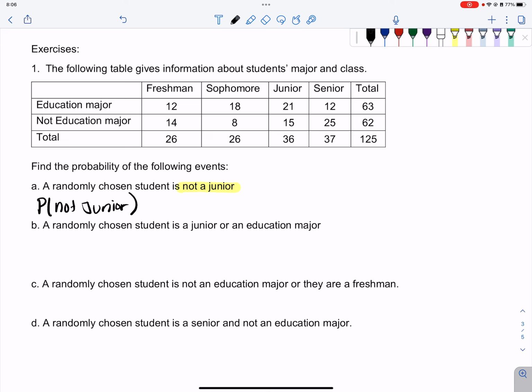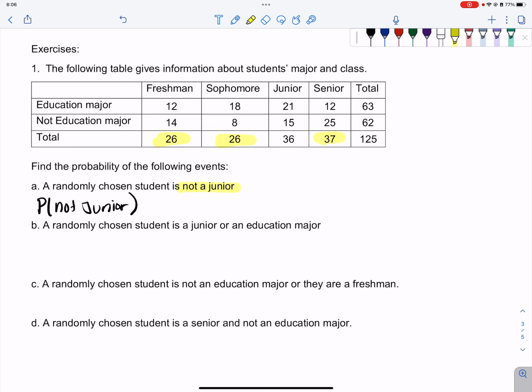To do this, one thing that you could do is to take all of your columns that are not juniors, so our freshmen, sophomores, and seniors, and add those together to get our number of students that are not a junior. However, depending on your table, if you're dealing with a lot of data, that might be a lot of work.